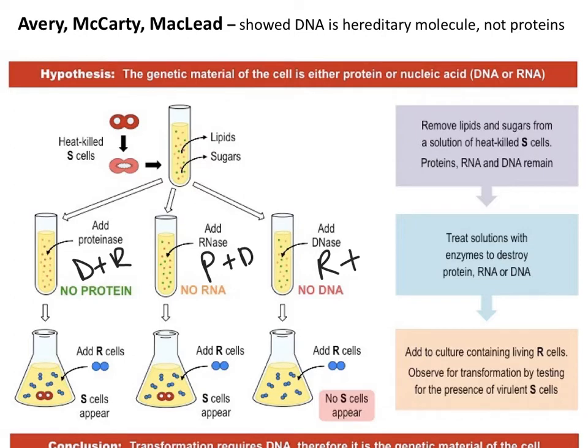And so in this case, for example, the S cells appear because there's actually a little bit of protein stuck in that DNA. So to prove that wasn't the case, they added proteinase or protease to destroy any leftover protein just in case. And same idea here, but the results were the same, thereby letting them make this conclusion that DNA is the hereditary molecule.